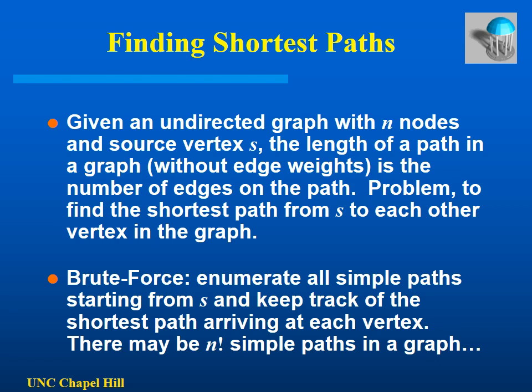The brute force solution would be to enumerate all paths without cycles, all simple paths, starting from S. And then for each pair, S and some target, some destination vertex, to choose that particular path that was shortest.